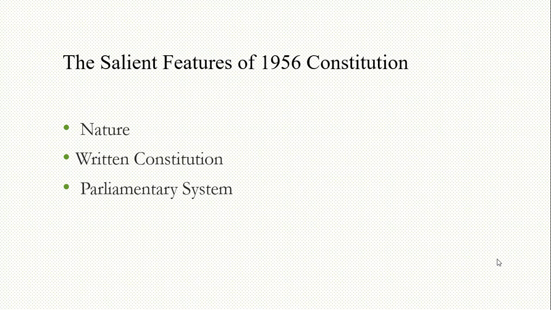The president had to be 45 years of age, a Muslim, and qualified to be a member of the National Assembly. It was the condition to be a president according to the 1956 Constitution. And he was to be elected by the National Assembly and the provincial assemblies.